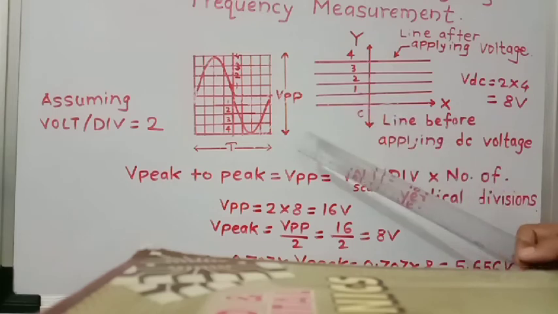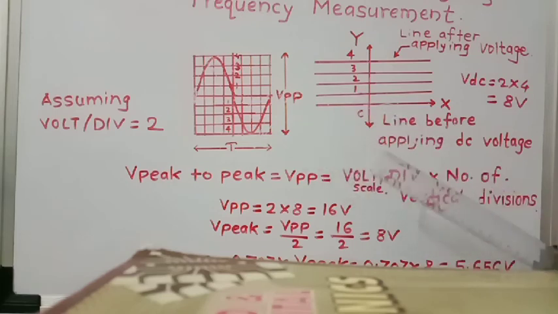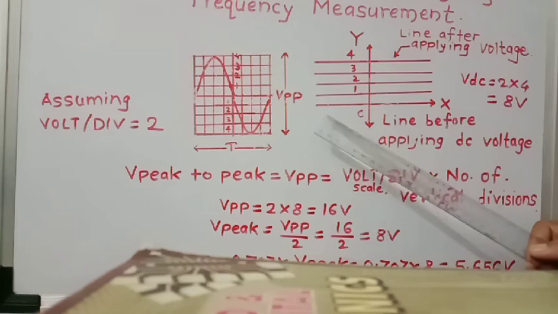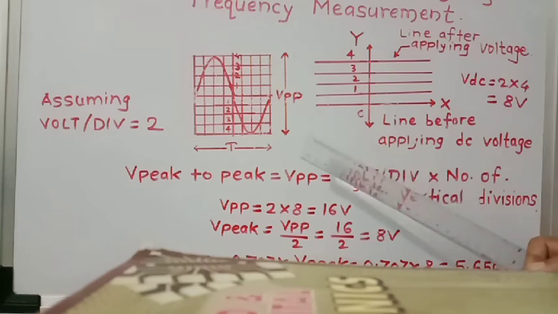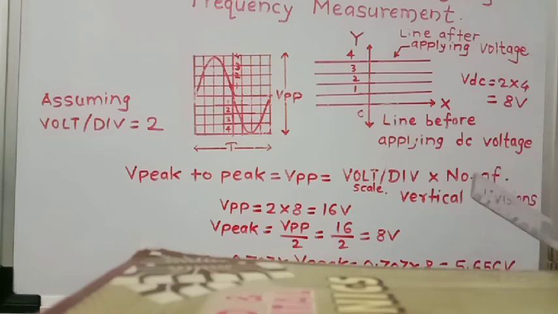If 10 raised to minus 3 is kept on the upper side, then it is 10 raised to plus 3. That is 1000 divided by 8, and it is equal to how much? 125 hertz.